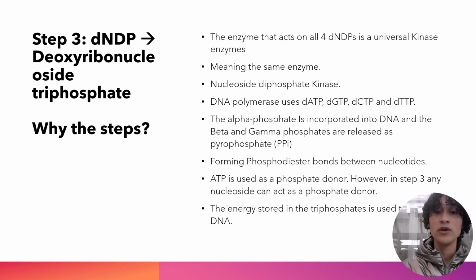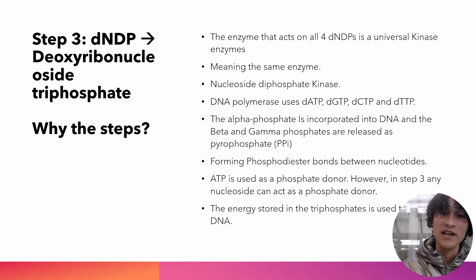So when 2 or 3 or 4 triphosphates are coming together to form that polynucleotide, what's happening is that 2 phosphate groups are being released.